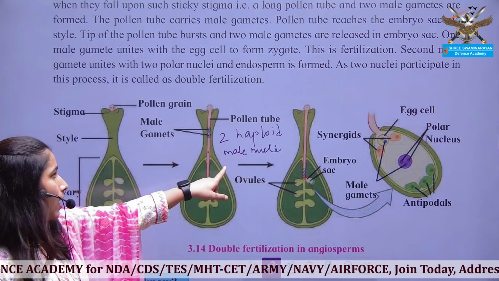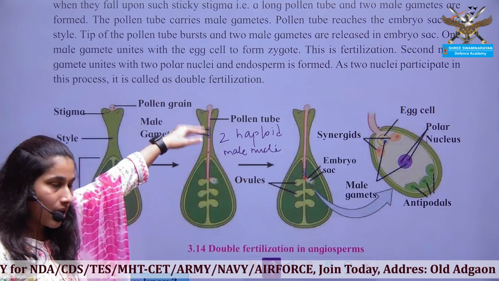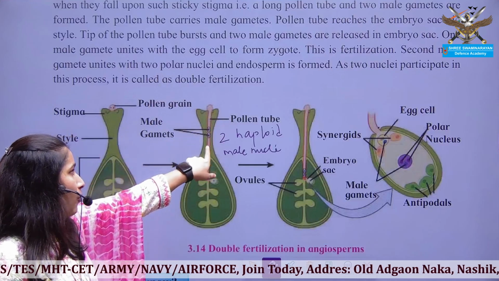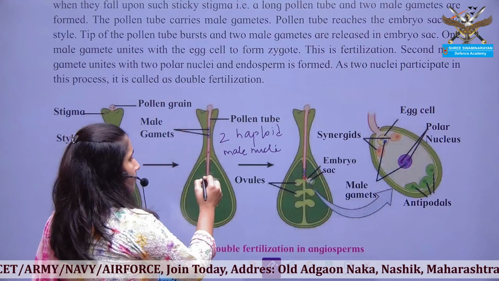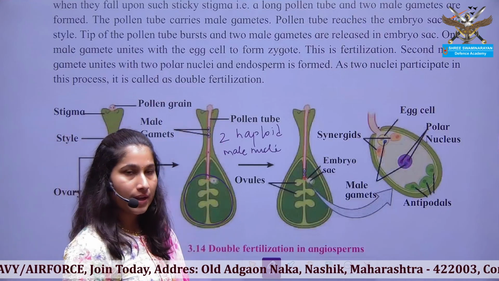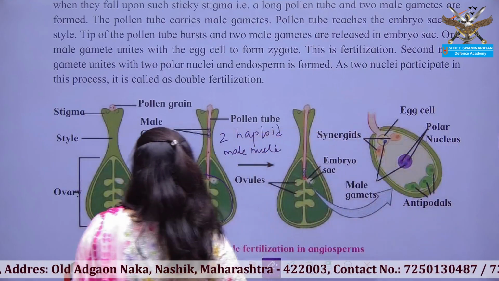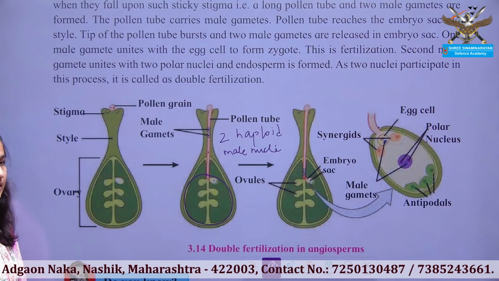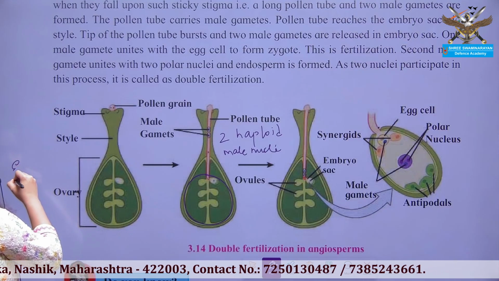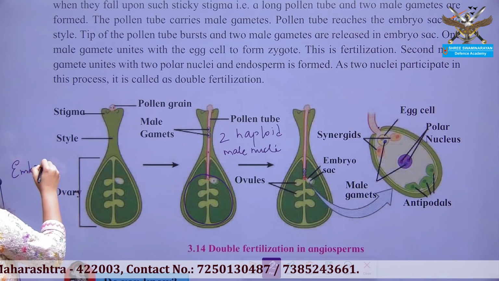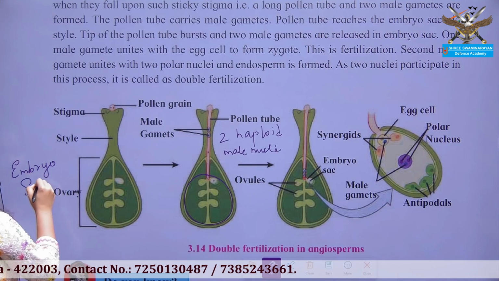These two haploid nuclei are transferred with the help of the pollen tube to the ovary. Within the ovary, what will you see? In the ovary, there is presence of the embryo sac.